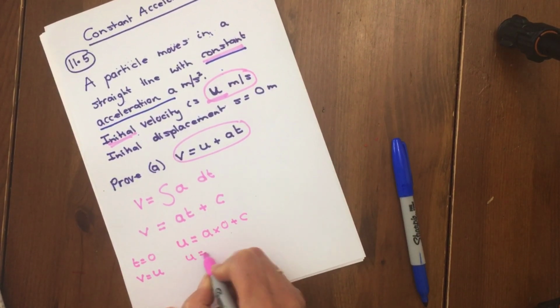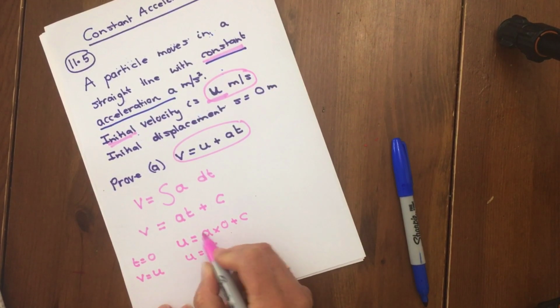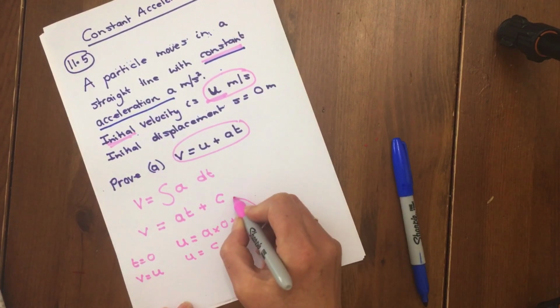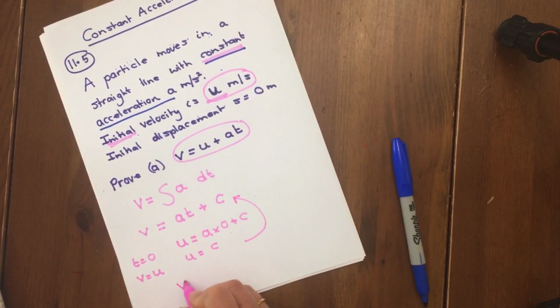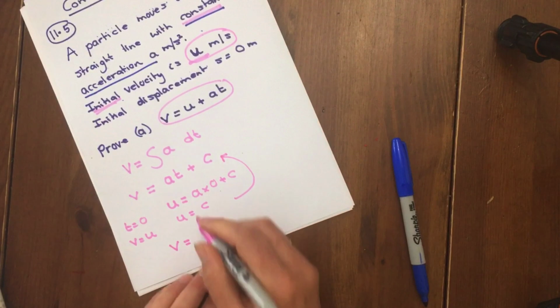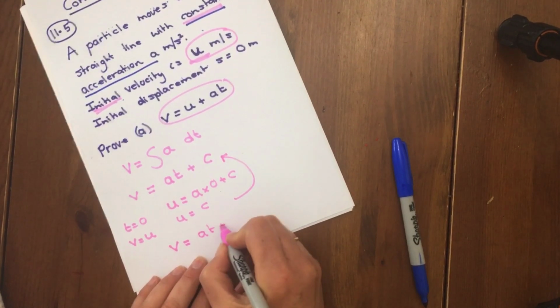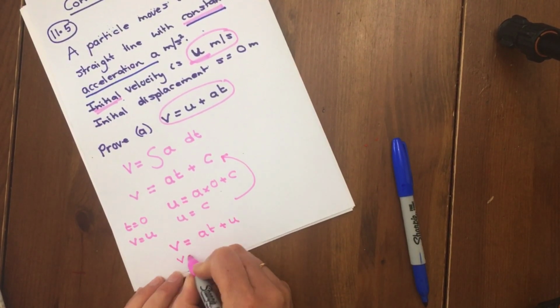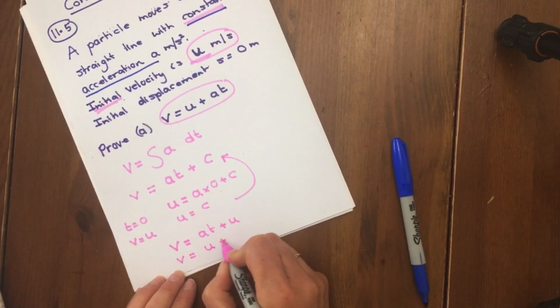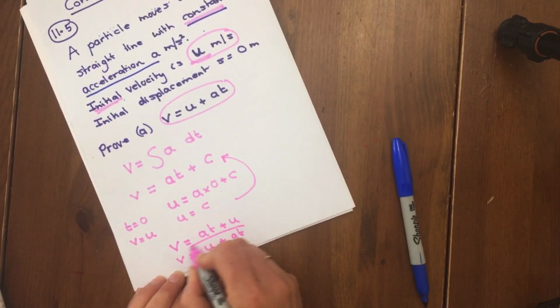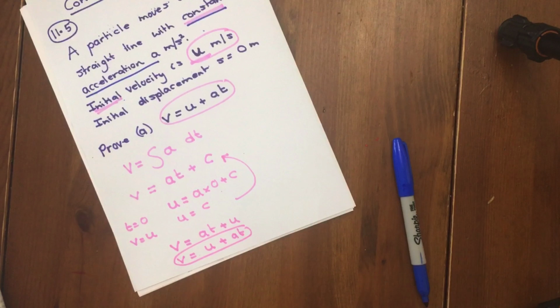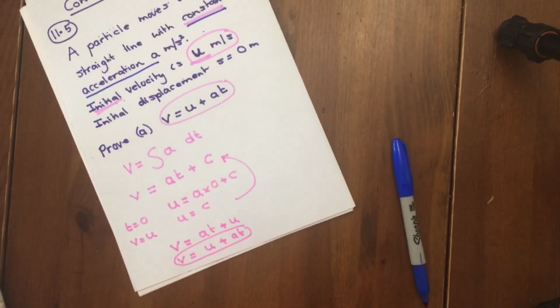So u just becomes c. So let's substitute that into our formula. v equals at plus u. Or just rearrange that, v equals u plus at. And hence we've got the equation that we need.